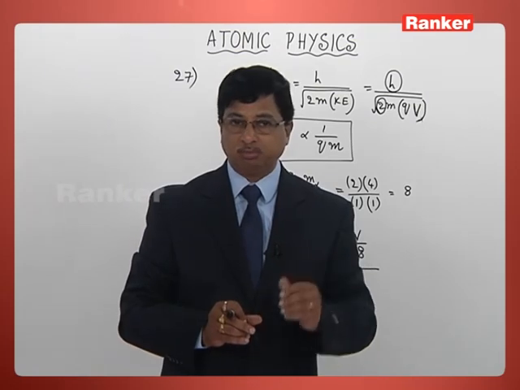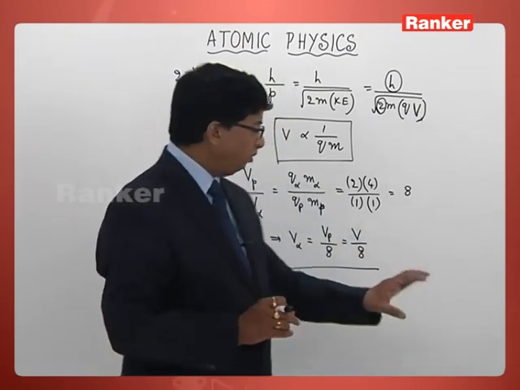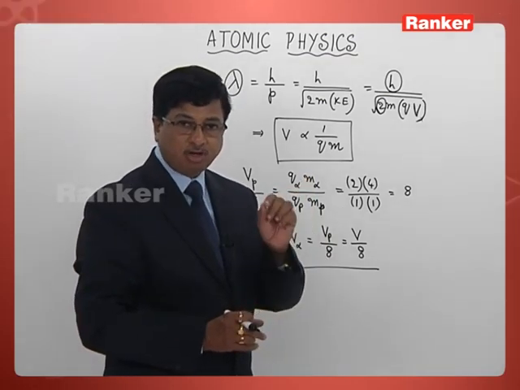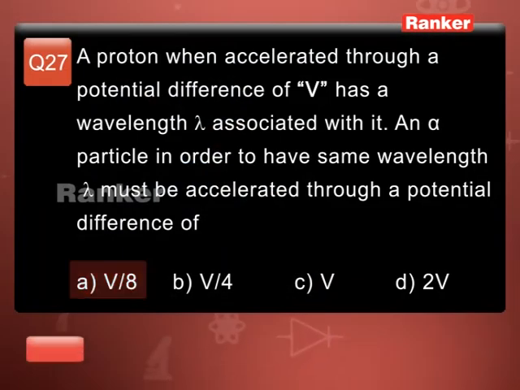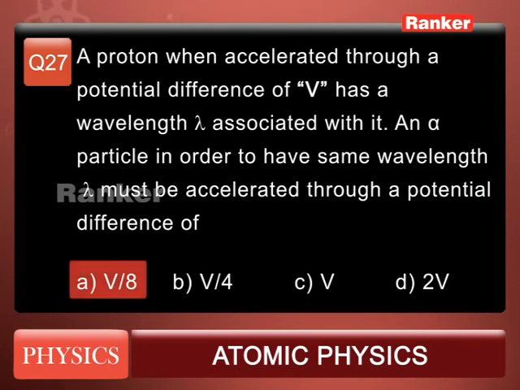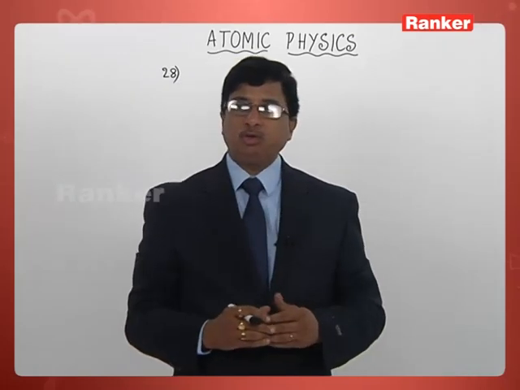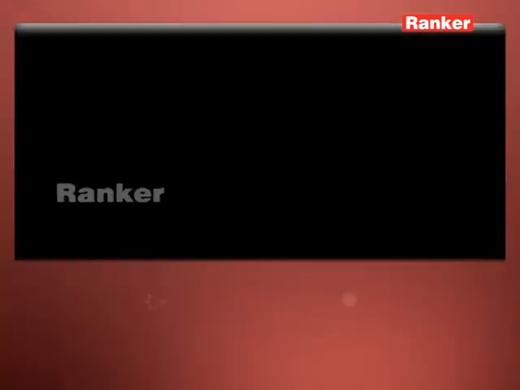The outcome here is tallying with the first option. Therefore, the answer for this problem number 27 is going to be V by 8, which is the first option given over there out of the 4. Switch over to next number 28 now.